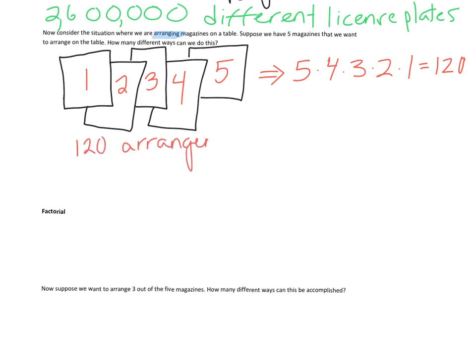Okay, so this is going to be an important lesson for us, and we're going to be using this often. Essentially when we start with a number and we multiply down all the way to 1, we use it so often that we give it a special math symbol, an exclamation point: 5!. And we also read it 5 factorial.